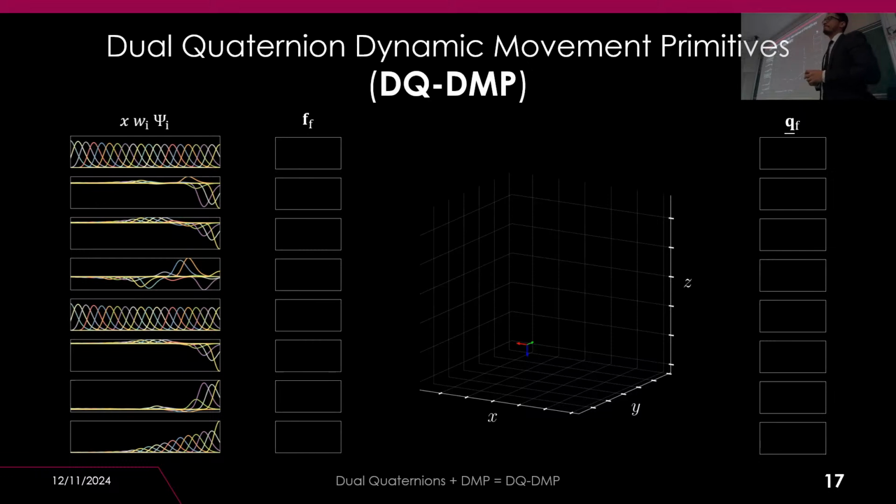Okay, so another question about human-robot collaboration. When I started reading this part, I expected to see some same trajectory with the human and the robot. And I see that it was in fact collision avoidance, more or less. So my question is, do you think that it's possible to adapt the dual quaternion DMP to have a common trajectory with a human?